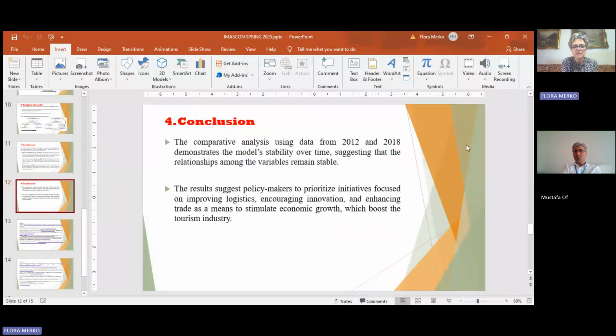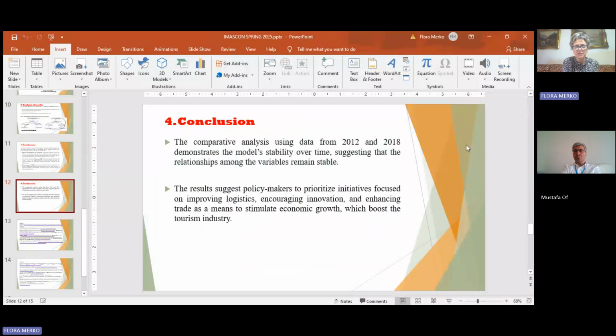The comparative analysis using data from 2012 and 2018 demonstrates the model stability over time, suggesting that the relationship among the variables remains stable for these different years of the period. The results suggest policymakers prioritize initiatives focused on improving logistics, encouraging innovation, and enhancing trade as a means to stimulate economic growth, which boosts the tourism industry.